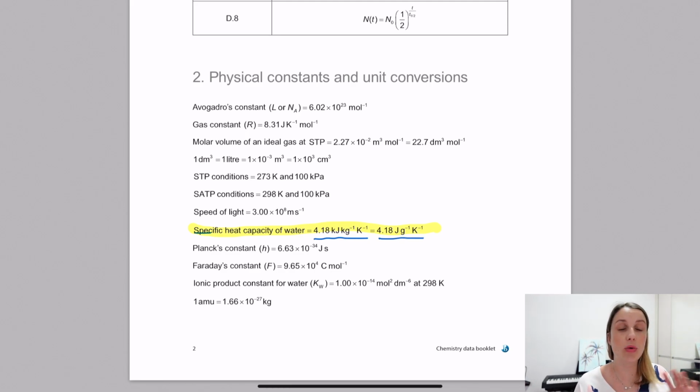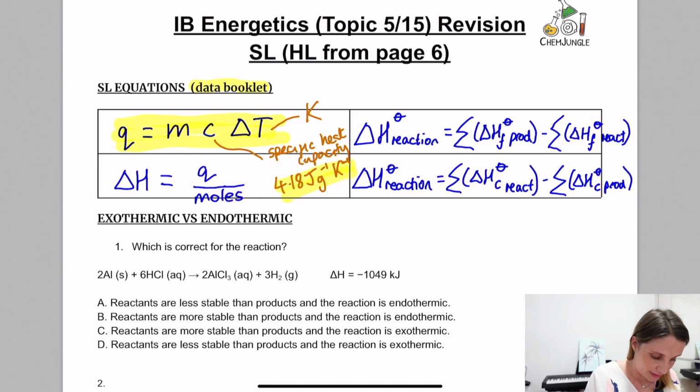Just be aware that what units you're using for the mass will affect what units you get for the energy overall. Just make sure the combination that you're using is all good. So the m stands for the mass, which I'm going to say is in grams because of the unit here.